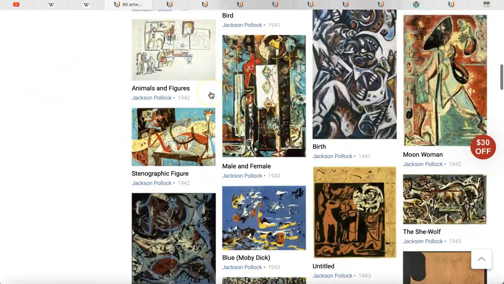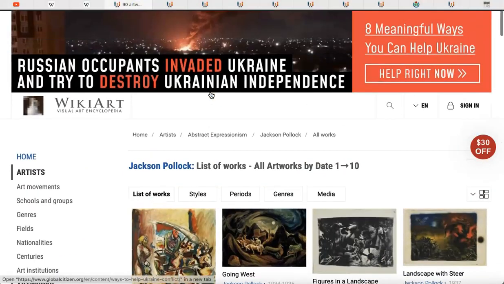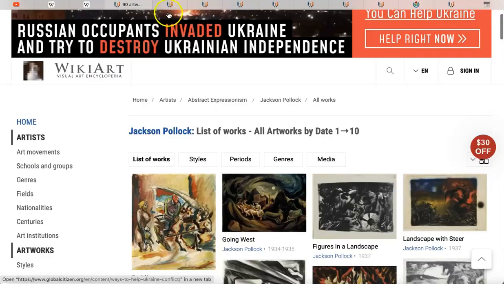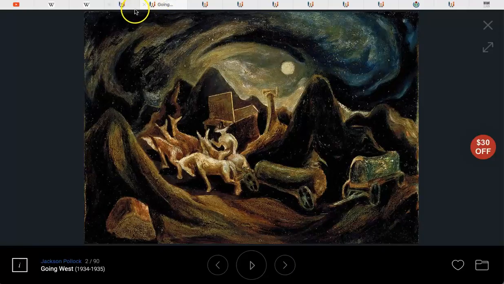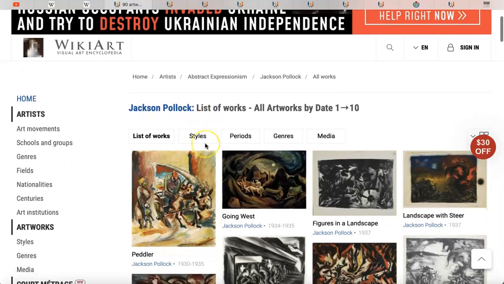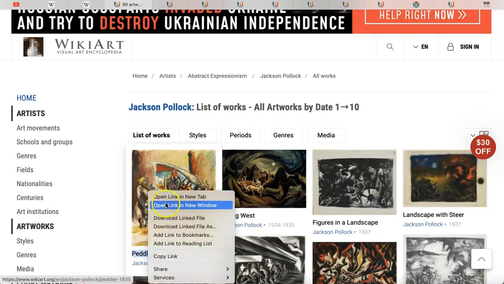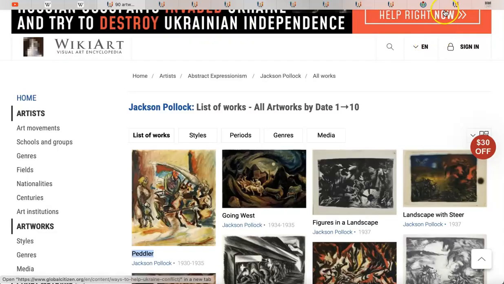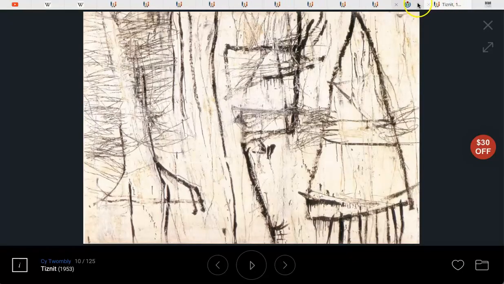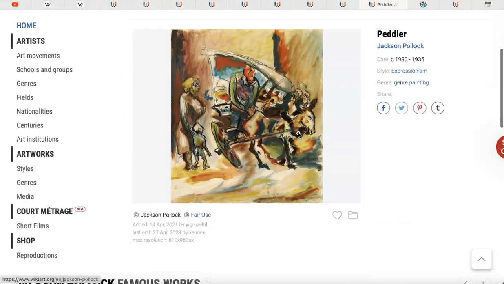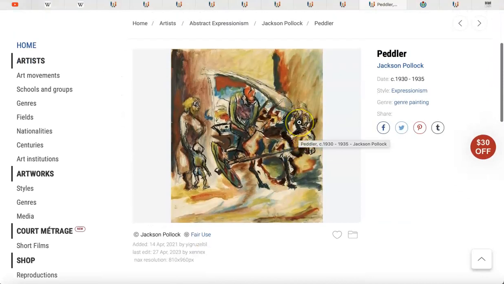But you can go to WikiArt, which I did, and I opened up a couple of these just to show you. This is the second earliest of his works. Okay, I'll open up this one too. Peddler. This is Peddler, from 1930 to 35.